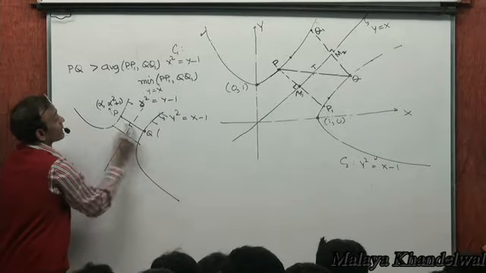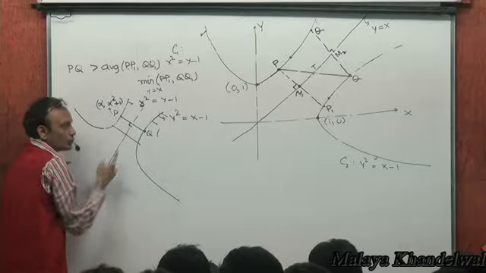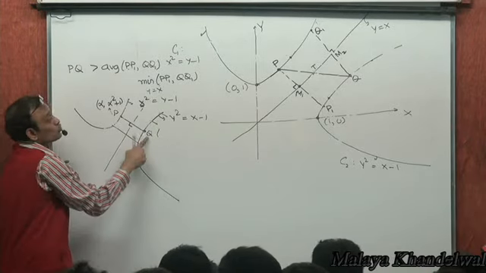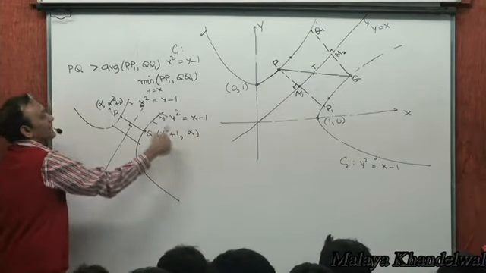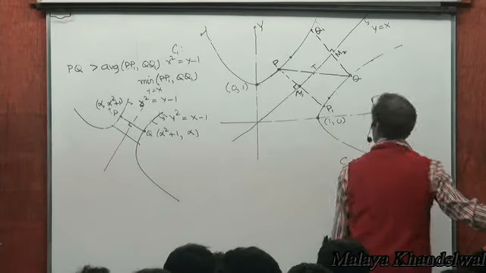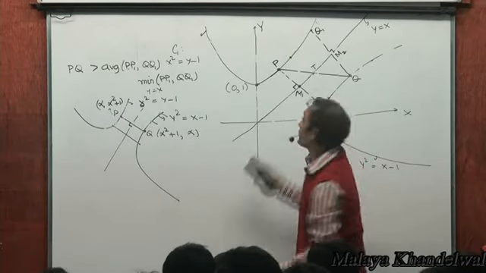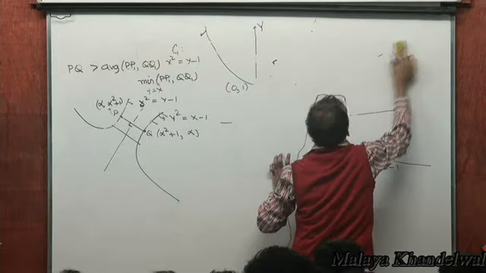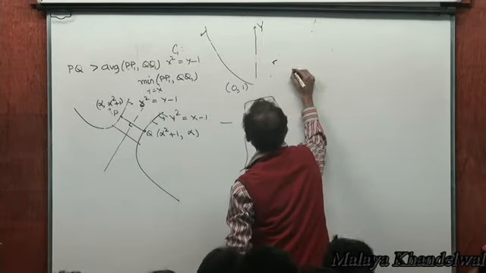Q is the mirror image of P, because PQ is perpendicular to the line y equal to x, so P and Q are mirror images of each other about y equal to x. So Q would be alpha squared plus 1 comma alpha. X and y get interchanged. Yes or no? Now, we want to model alpha for PQ to be the smallest, right? What is PQ squared?